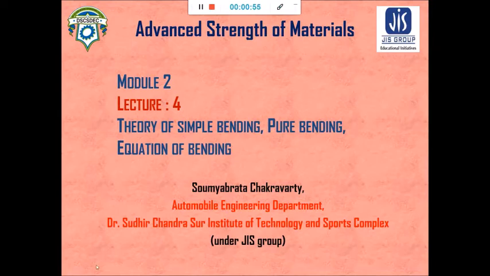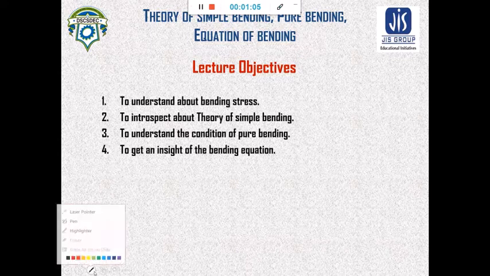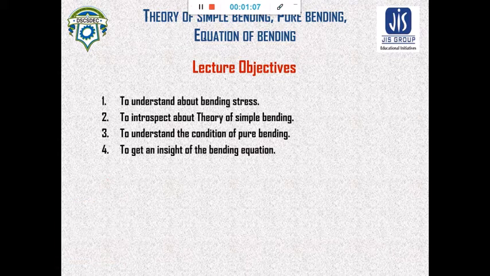The lecture objectives are, first, to understand what bending stress is. Then we will see the theory of simple bending, how it is developed, and what the main constituents of the theory are.